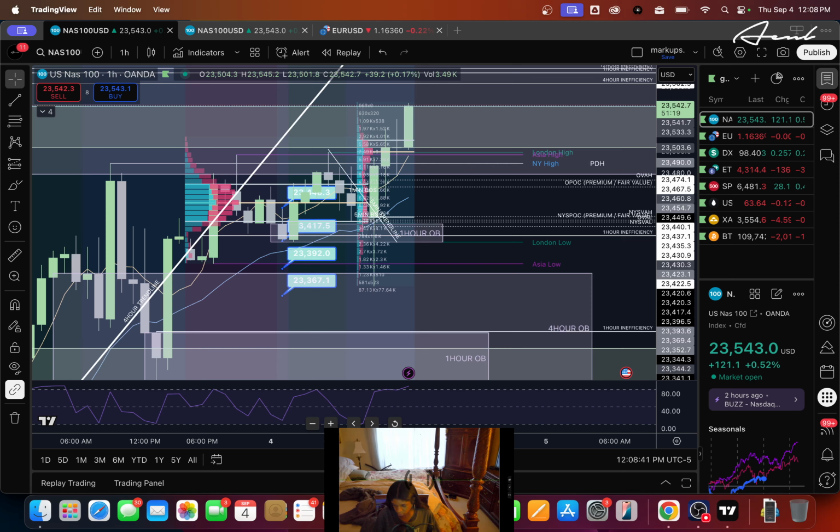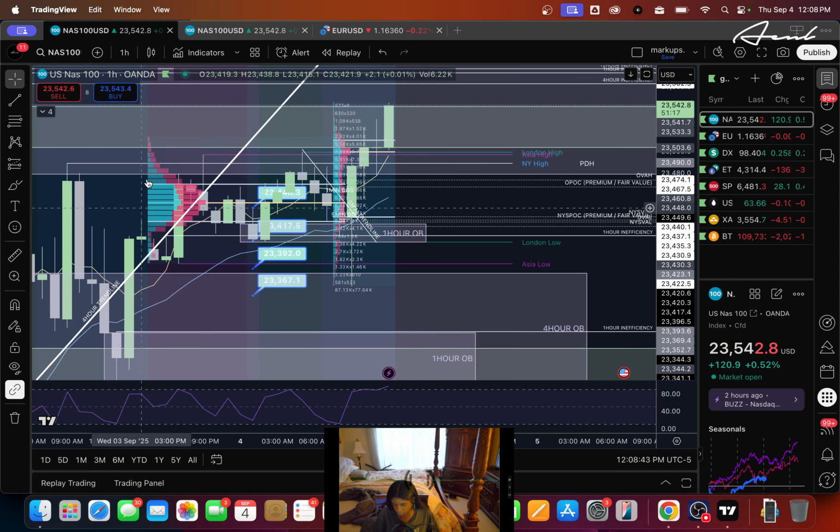Okay, so also, what I'm doing is I'm taking the fixed range volume profile. I am starting from 5 p.m. the day before, and then I'm drawing that out to 8:30. What that's going to do is provide me with my overnight premium fair value and my overnight value area high and value area low.